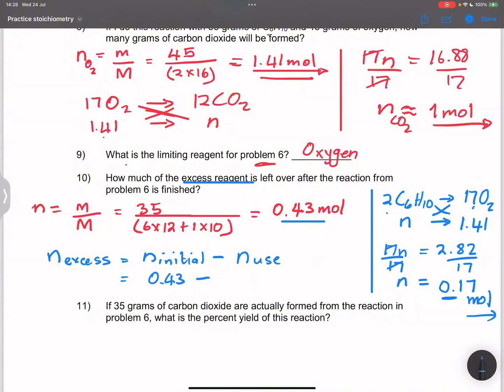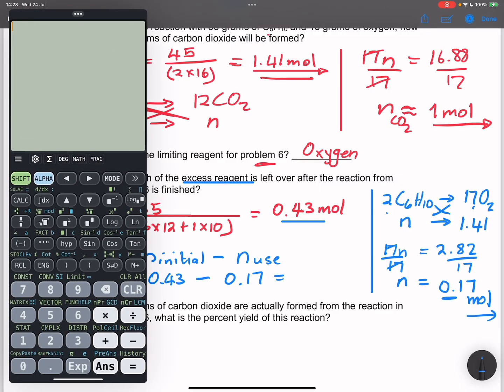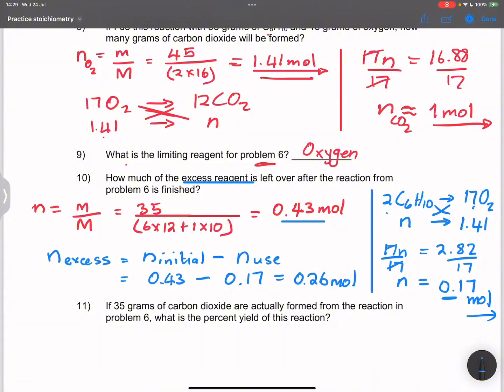We're going to use 0.17 because that's how much the oxygen, the limiting reagent, allows us to use. So that's 0.43 minus 0.17, and that means the excess moles would be 0.26 moles.